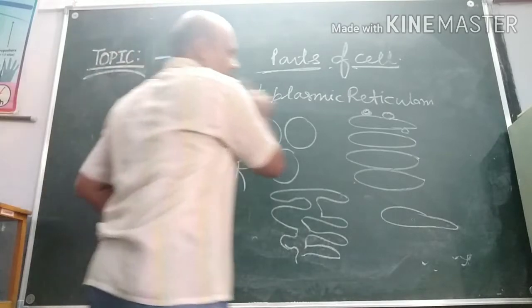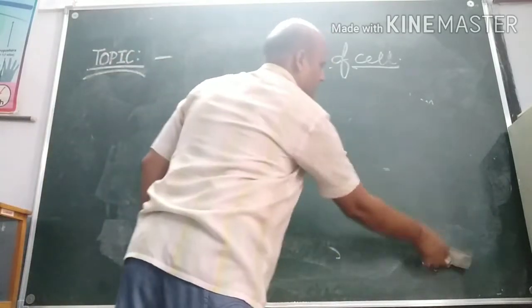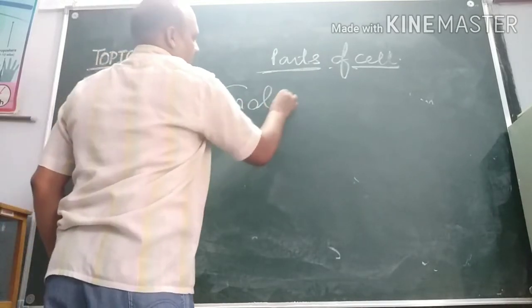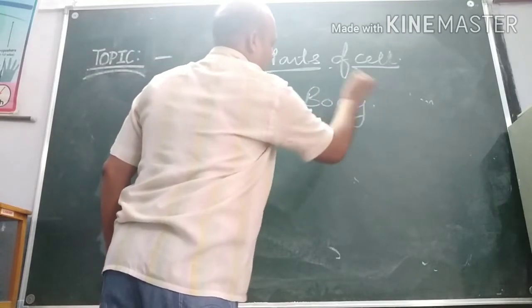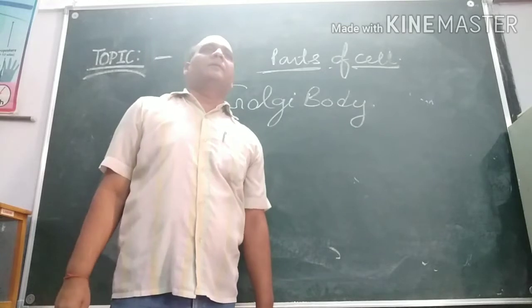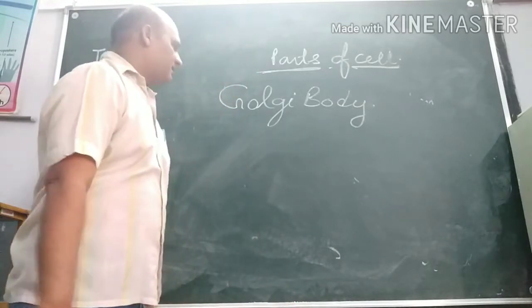Next, Golgi body. It is a network of vesicles and cisternae present in the cytoplasm.